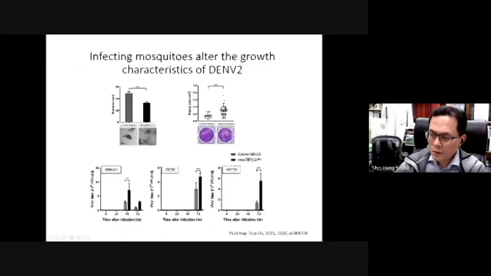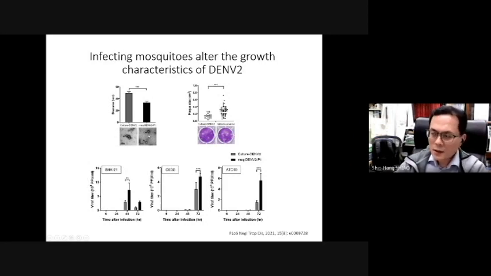So we want to know what happens to the virus when it passes through the mosquito body. We compared the morphology of the MSQ dengue P1 virus, a P1 passage virus variant, to that of the culture dengue virus by TEM analysis.